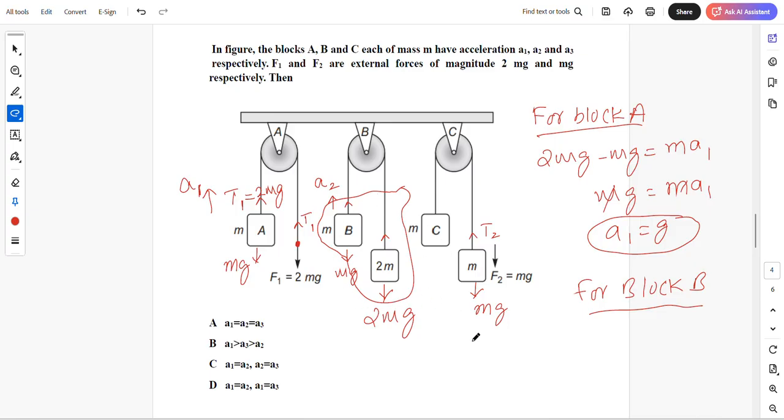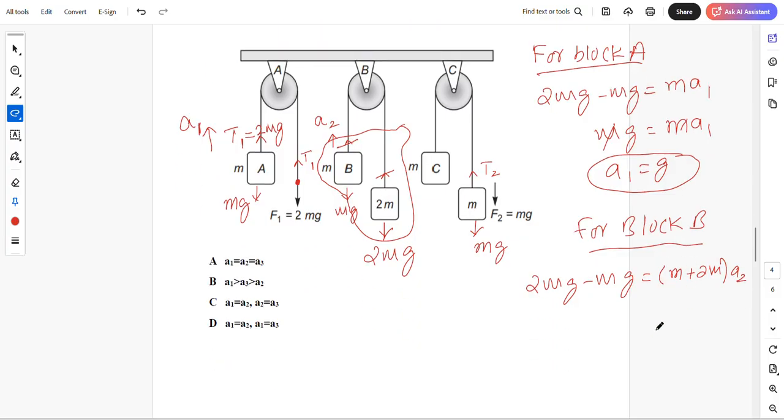The external forces are 2mg minus mg, which is following the direction of acceleration. These two internal forces get cancelled. The driving force minus the opposing force is equal to mass into acceleration. Mass is m plus 2m this time, m plus 2m into A2.